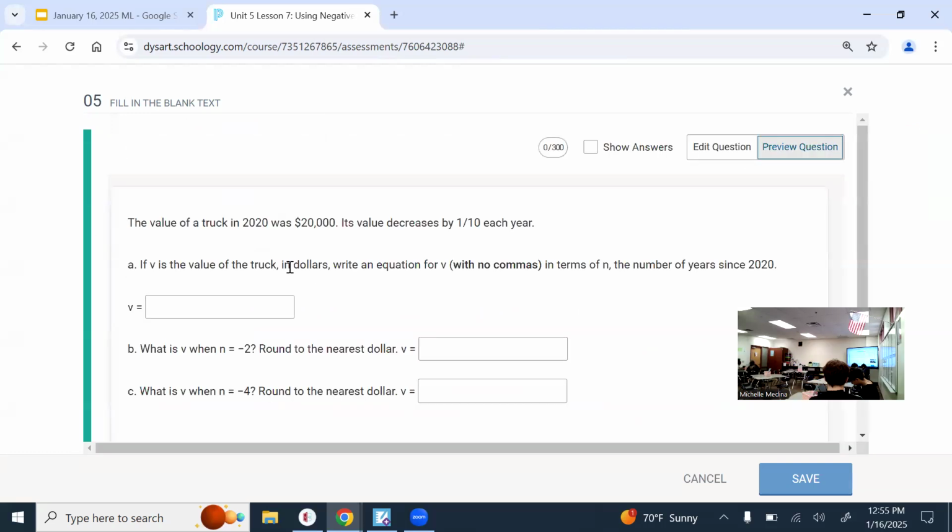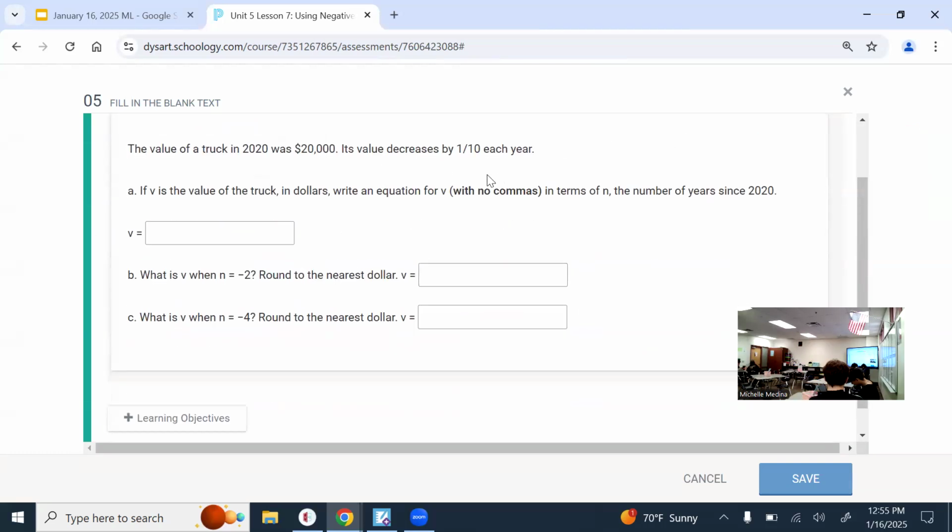Okay. So the value of a truck in 2020 was $20,000. It decreases by 1/10 each year. We want the equation where n is number of years since 2020. Based on the description, you know you have two setups for your exponential functions. You have the one where they are telling you what you're multiplying by each time, or you could easily figure it out.